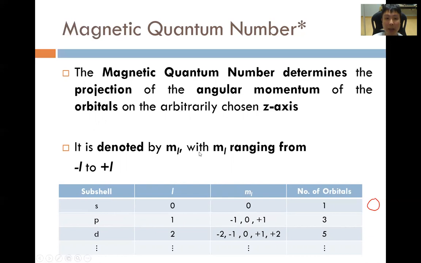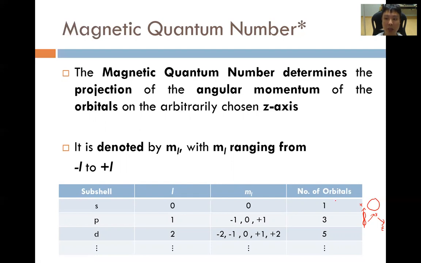So basically, the way you can think about the magnetic quantum number is that it tells you how many orbitals there are in one set of a particular subshell. As we will see later, the p subshell has 3 orbitals, 3 p orbitals. One of them will point along the x-axis, one along the y-axis, and one along the z-axis.